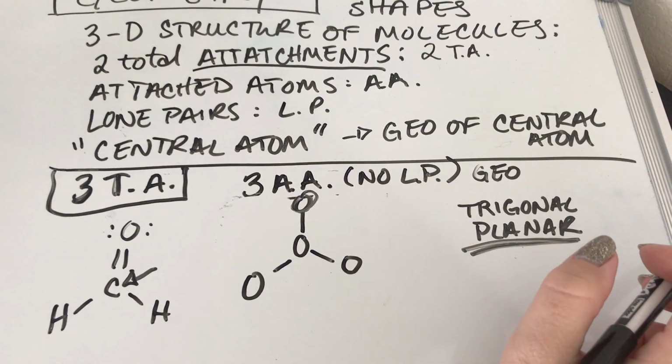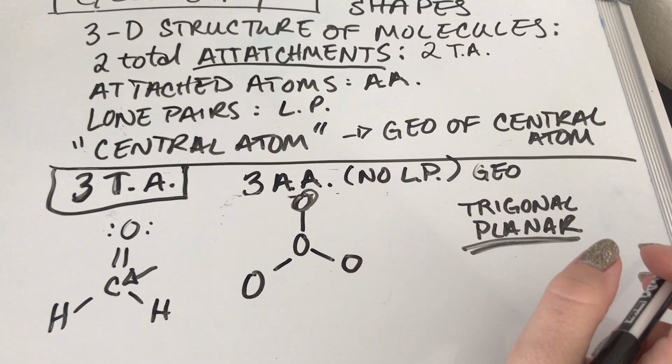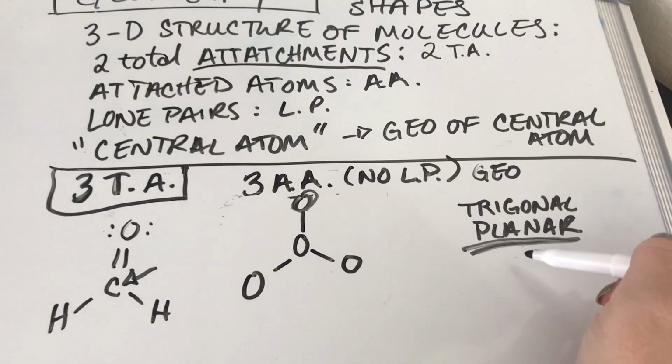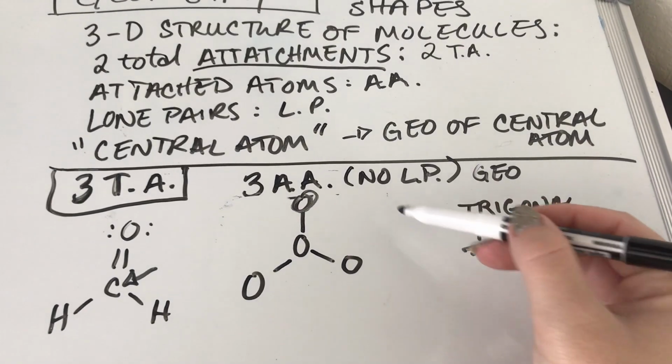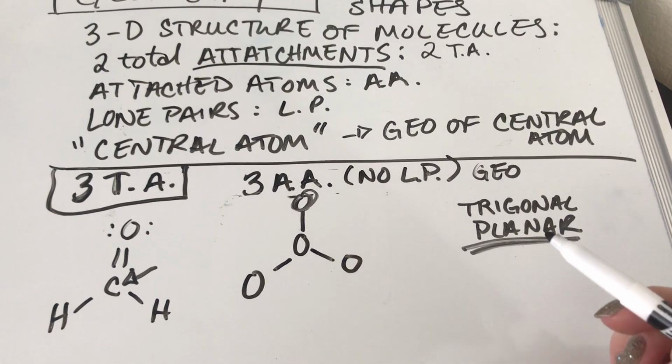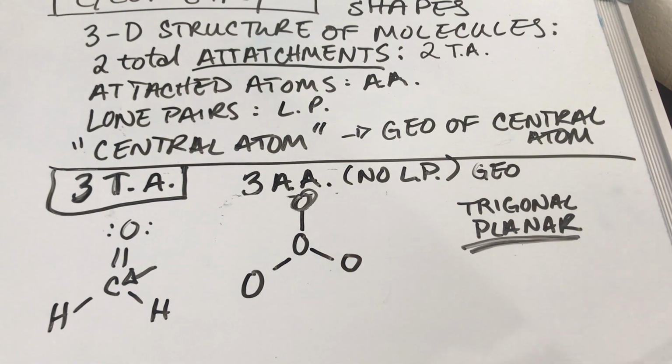So that geometry is flat. Linear, a line, also flat. It's just 2 points connected with a line. When we get into 4 attached atoms, that's when we get into a 3-dimensional geometry. That's when they get a little bit harder to see, but we'll talk about how to see those. Everybody comfortable with 3 attached atoms, no lone pairs? Cool.